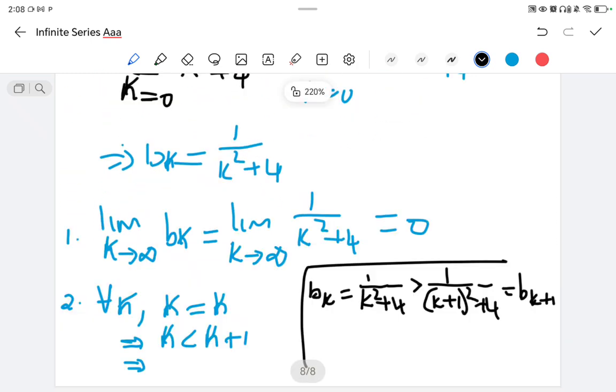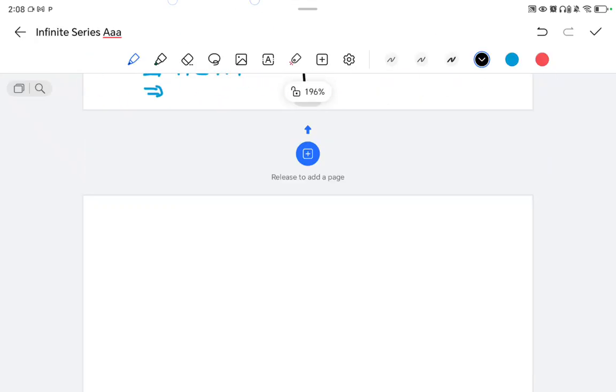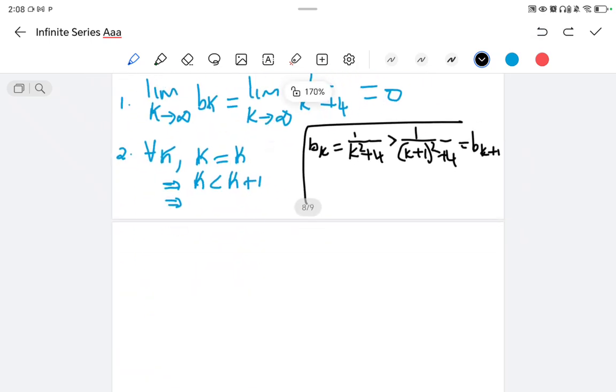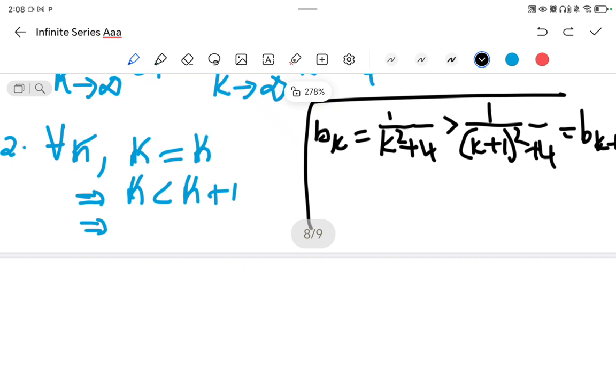So already I know that I have k plus 1 on the other side, and I know that this is squared. Then after, we add 4.